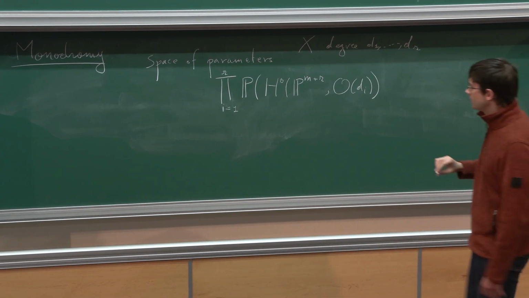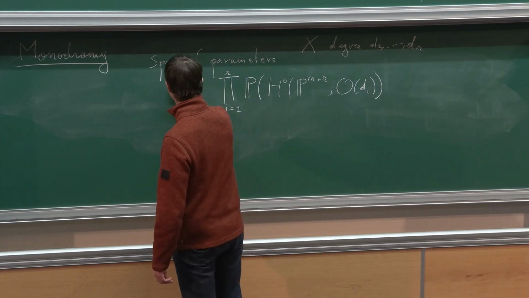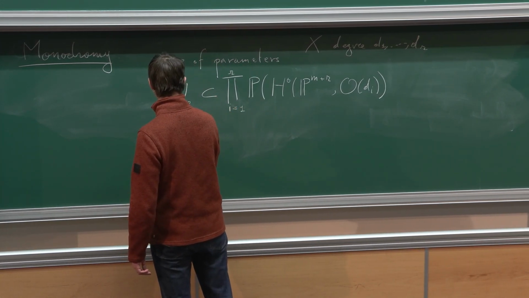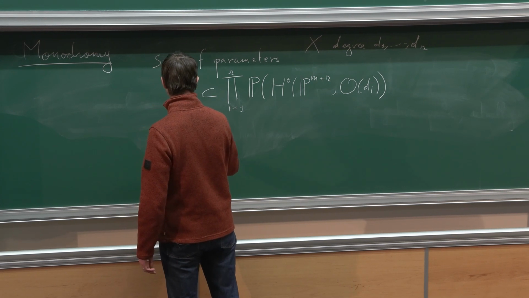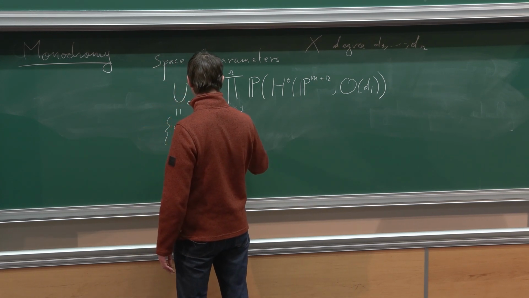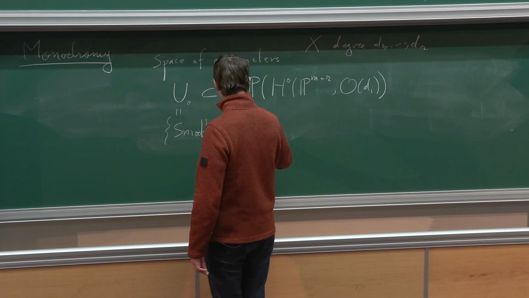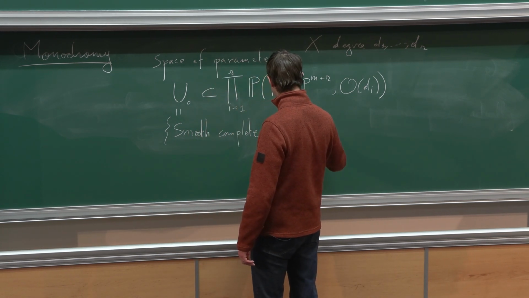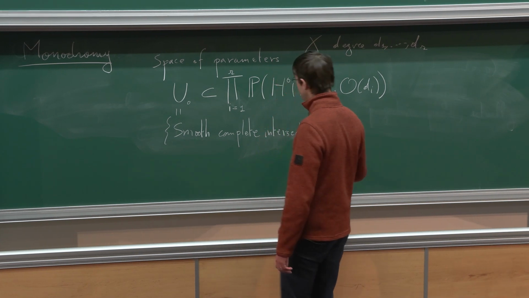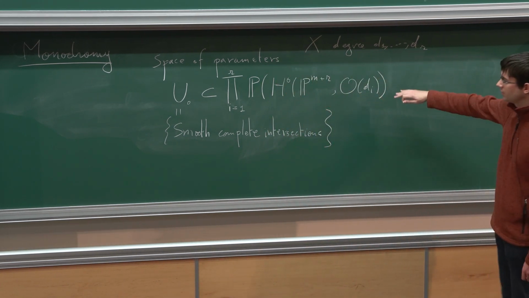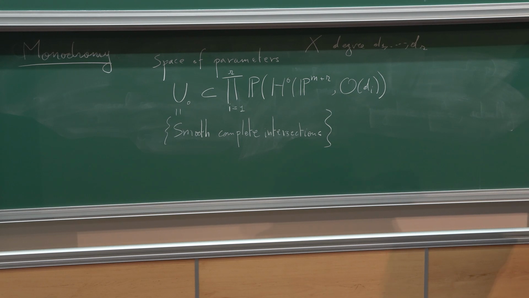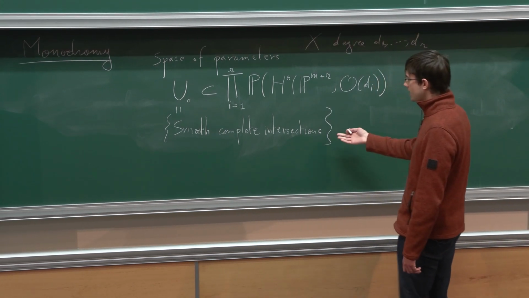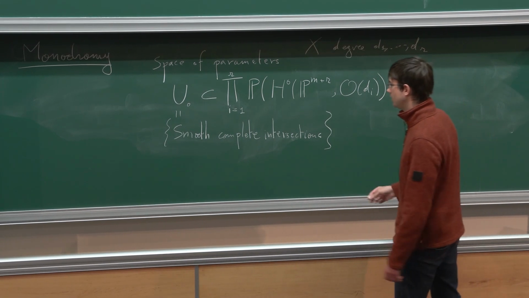And I want my complete intersection to be smooth. So inside it, I have some open set which parameterizes smooth complete intersections. This is the complement of some discriminant hypersurface inside this space of parameters. And then you get an action of the fundamental group of this space.